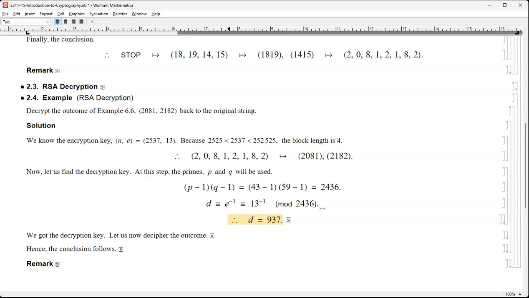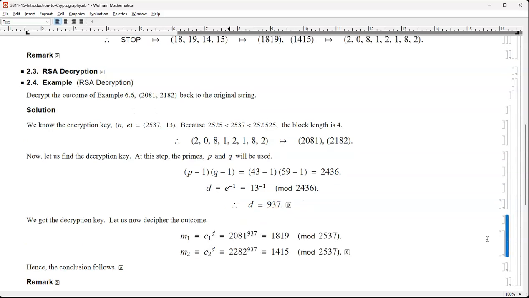We just use the decryption key and decipher the outcome. So c to the d power applied to 2081: 2081 to the 937 power modulo 2537, modulo n.